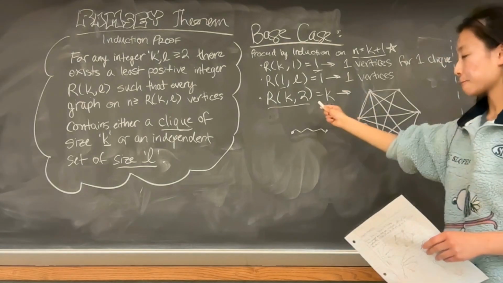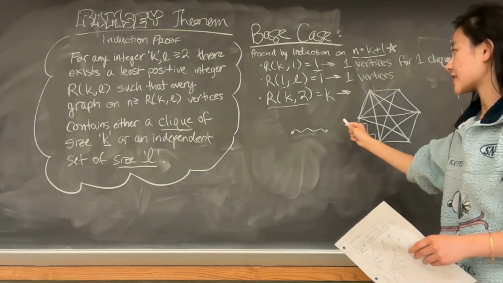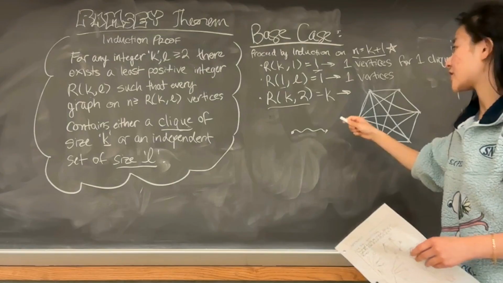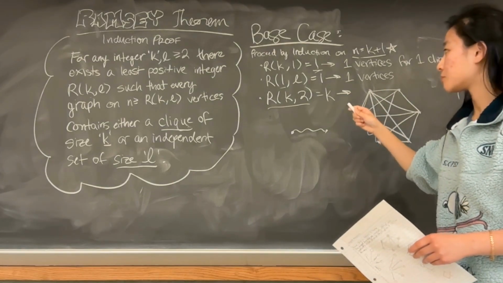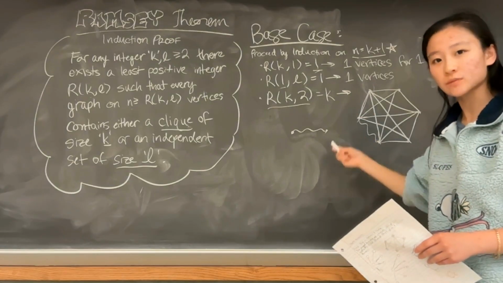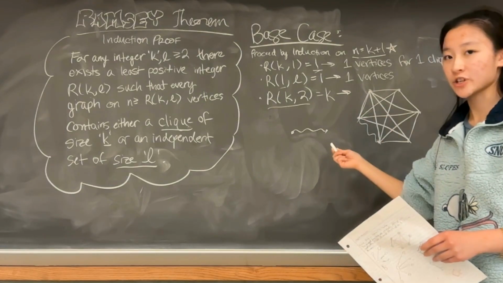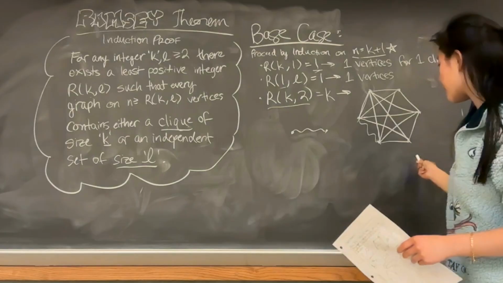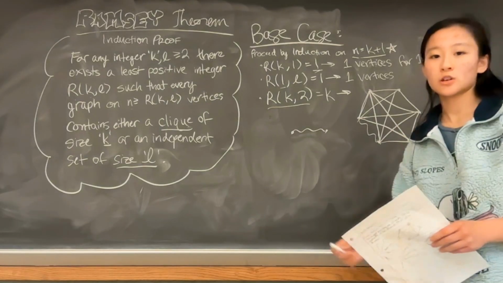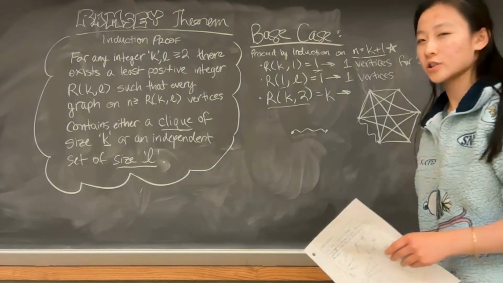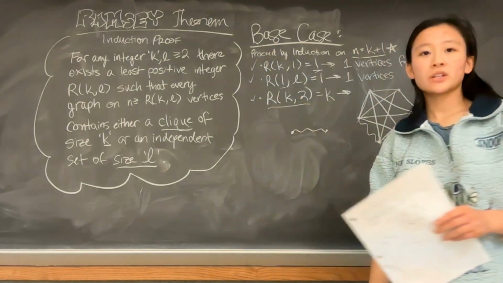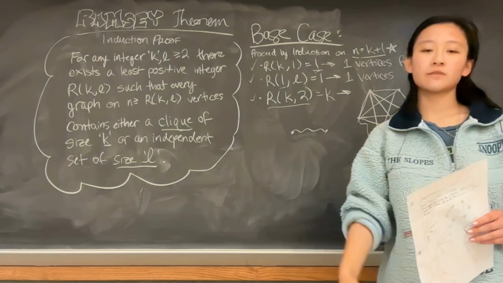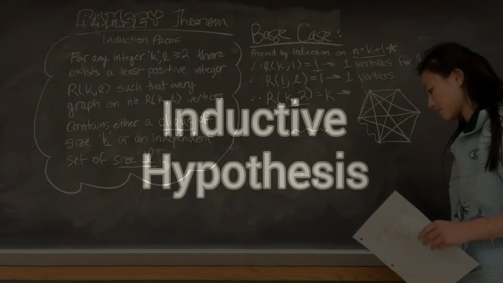So this is saying, if you have k vertices and every single edge is of the same color, and there's no edge of the alternate color, then you have to have k vertices. And this has been verified through our graph, so our base cases check out. And with that, we can proceed to the inductive hypothesis.